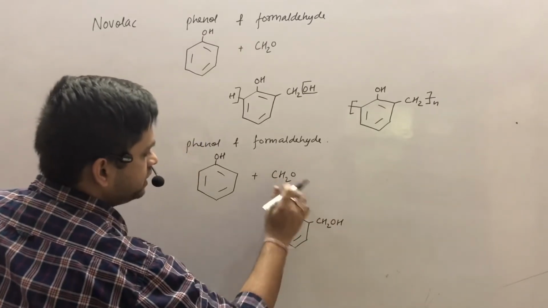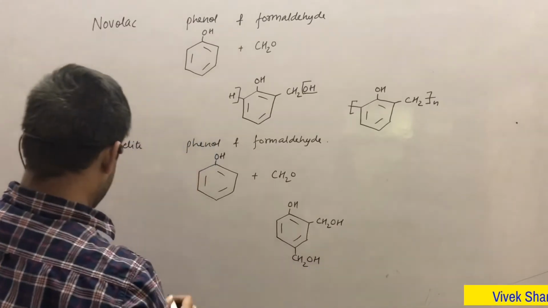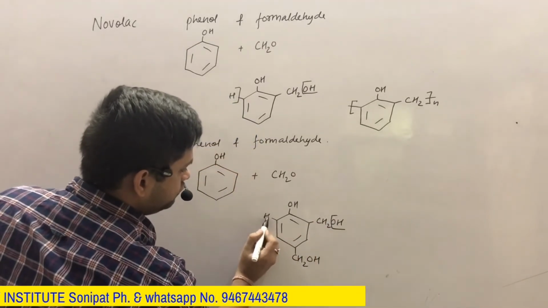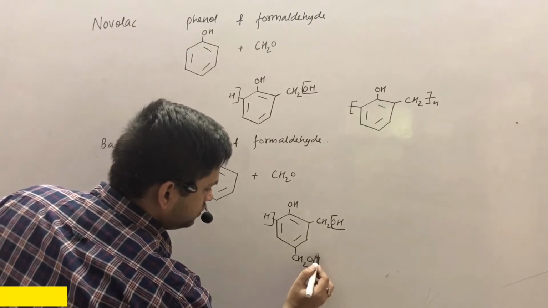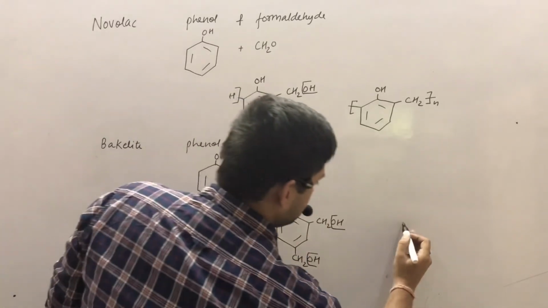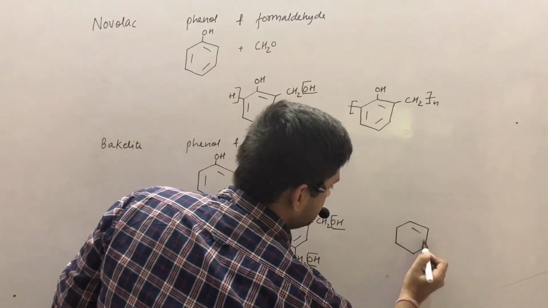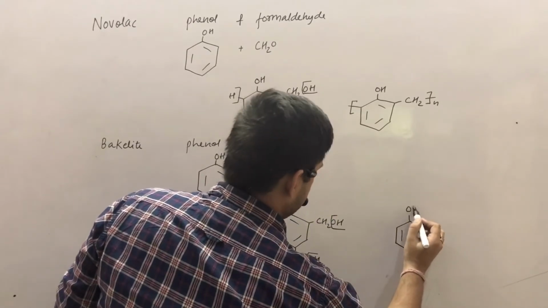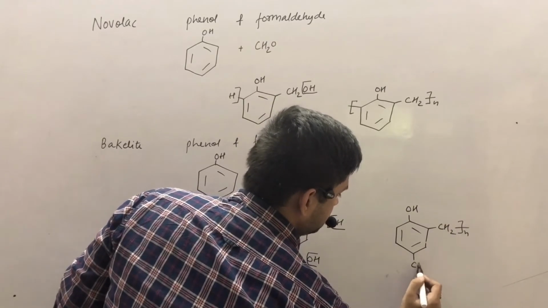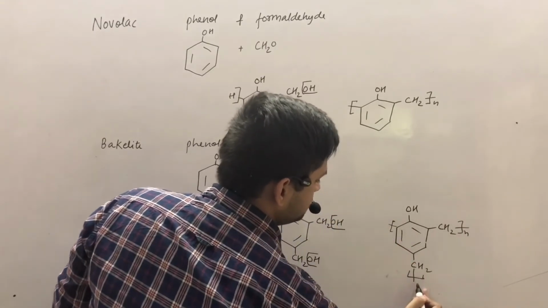This formaldehyde gets attached at ortho and one at para. And with elimination of water molecule, OH from this, hydrogen from this, OH of this, and hydrogen from the another which is present at the bottom, leads to a cross-linked structure, and this cross-linked structure is Bakelite. So this is Bakelite.